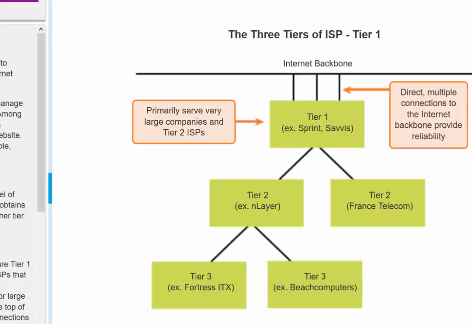Of course, we talked about the service provider architecture for the internet.